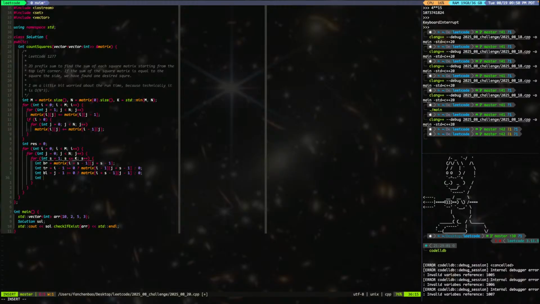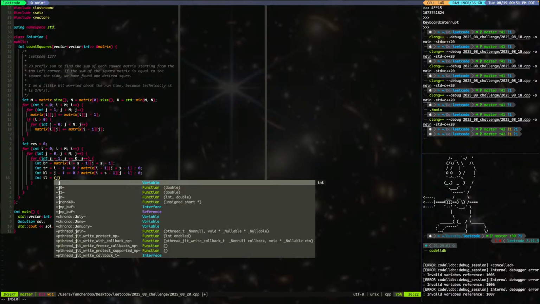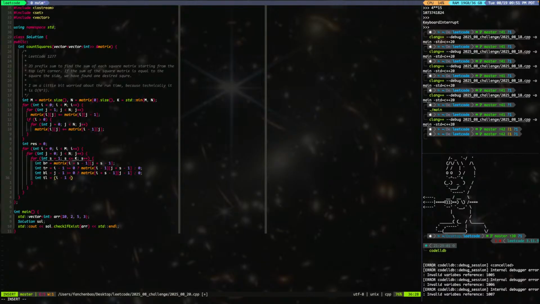So top left is matrix[i - 1][j - 1] if i minus 1 and j minus 1 are larger or equal to 0.